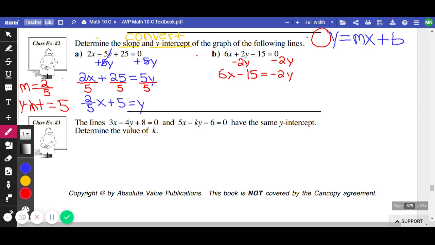Wonderful. That is still not slope-intercept form. You're getting closer, right? The y's are now by themselves, but there's a number attached to the y. You need to get rid of that number. You're not going to add 2 to both sides. This is multiplication. This is negative 2 times y.